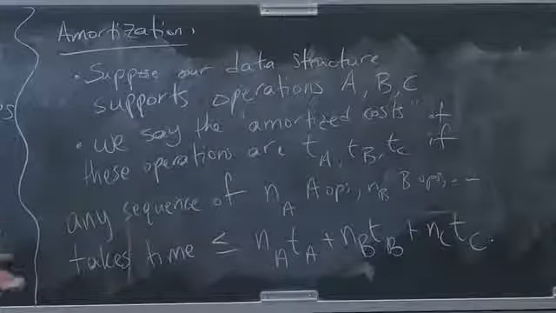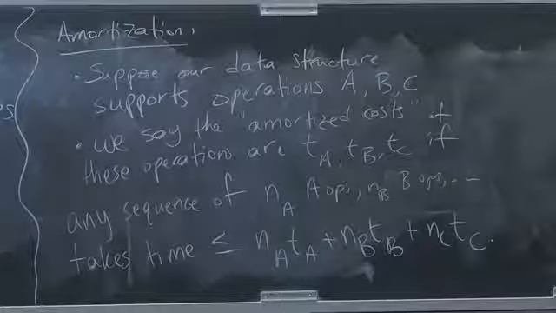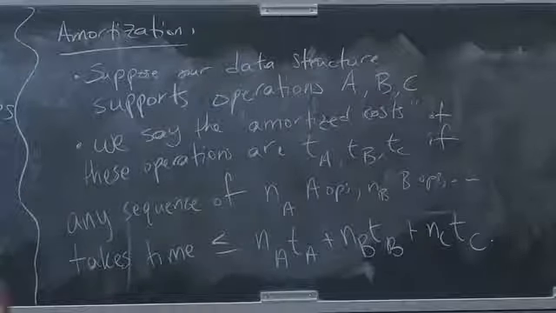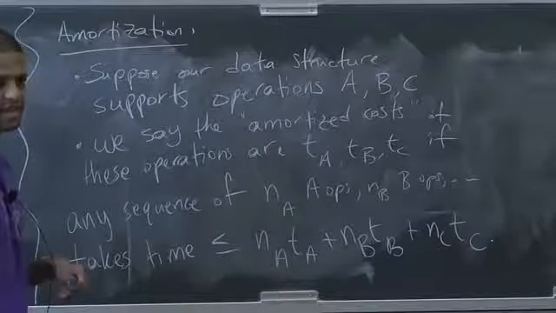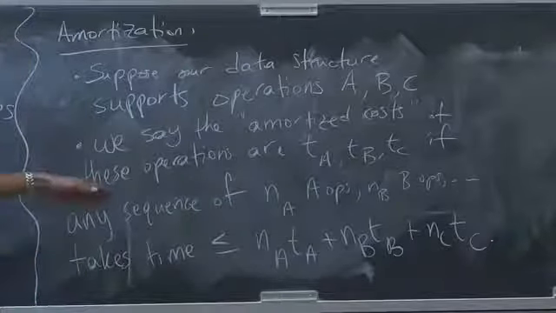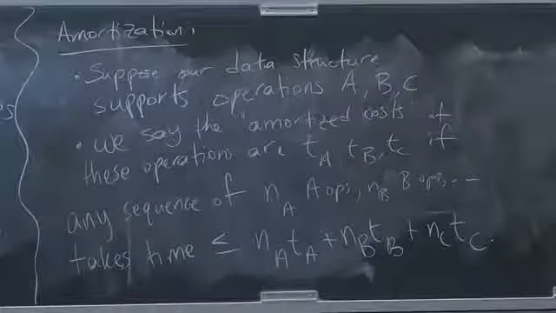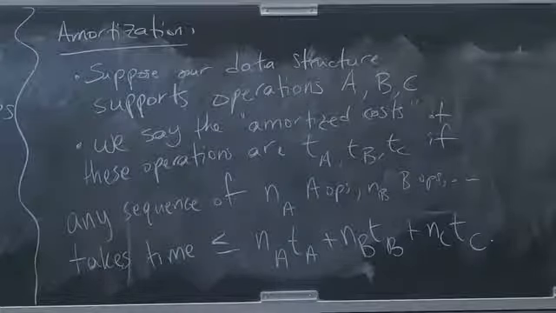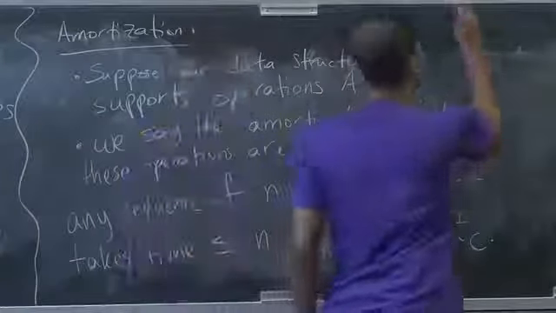So some of these operations can be expensive. Some of them can even take linear time. But as long as the sum of all the time we spent is at most this, then we say that that's our amortized complexity. Okay? And we're going to see some examples.